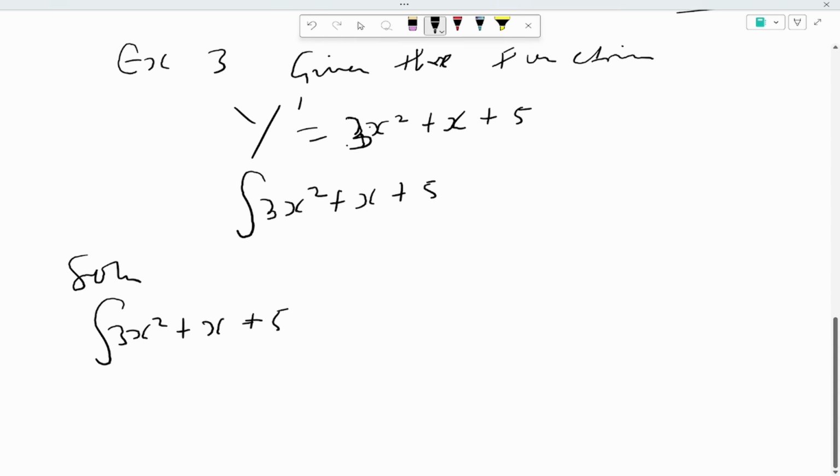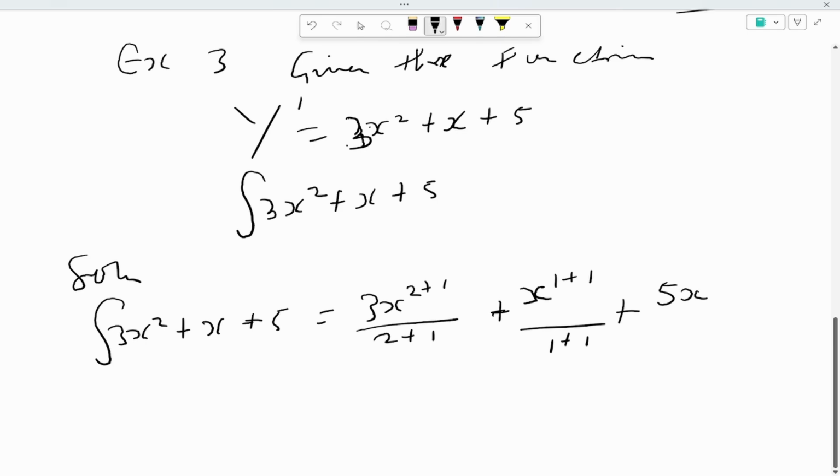Plus 5 equal to, then what you do is 3x raised to power 2 plus 1 all over, bring down the increase in power, then plus x raised to power 1 plus 1 all over 1 plus 1. Then plus 5.